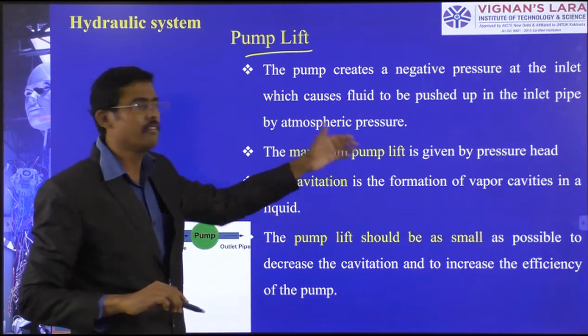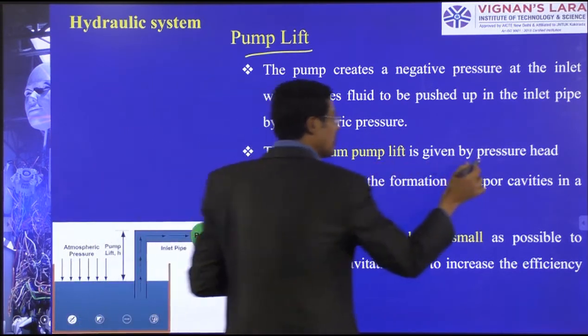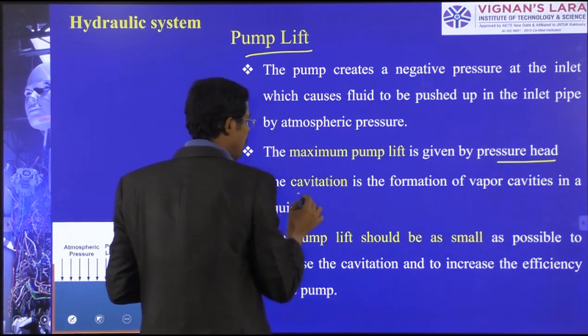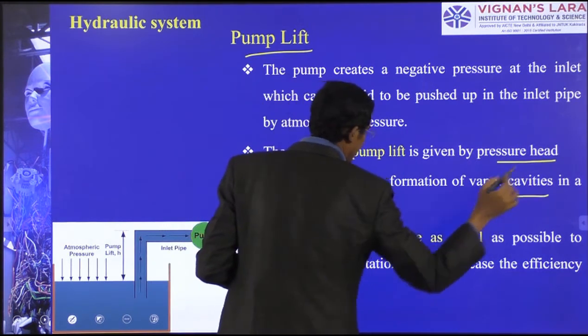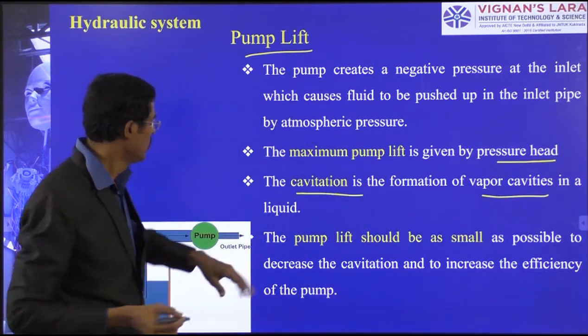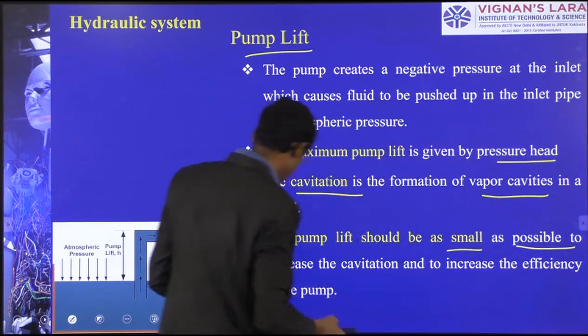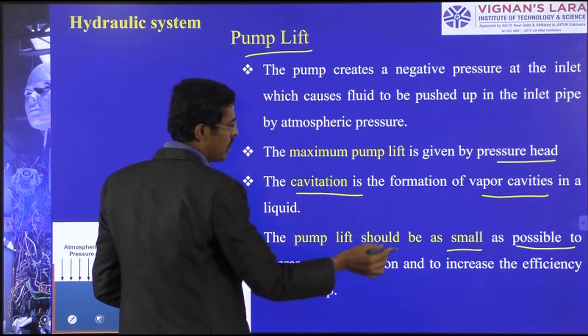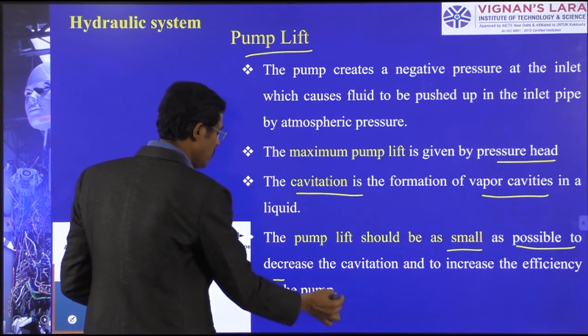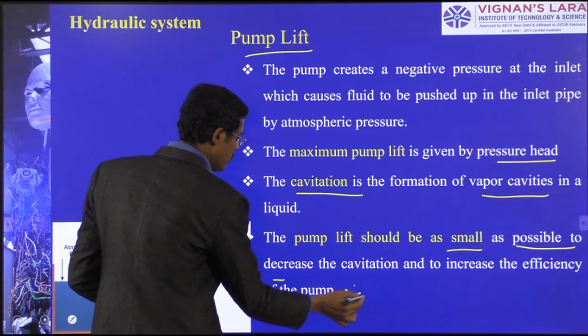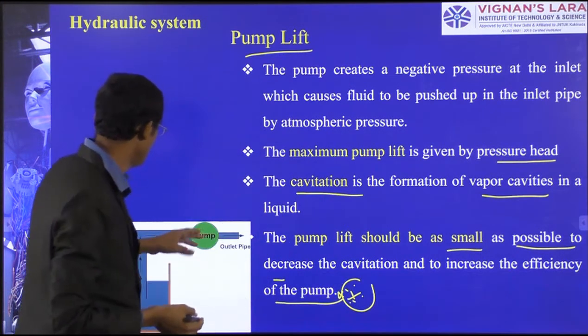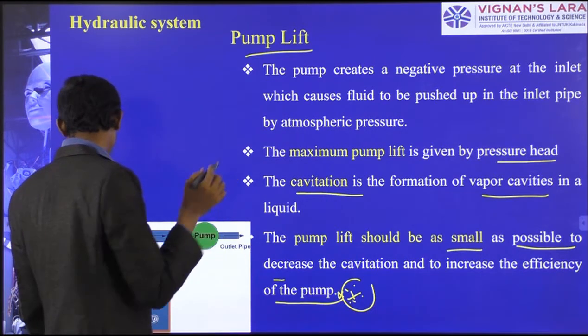The maximum pump lift is given by the pressure head, and cavitation is the formation of vapor cavities. Therefore the pump lift should be as small as possible to decrease cavitation and increase the efficiency of the pump. So here we have to check the pump lift.